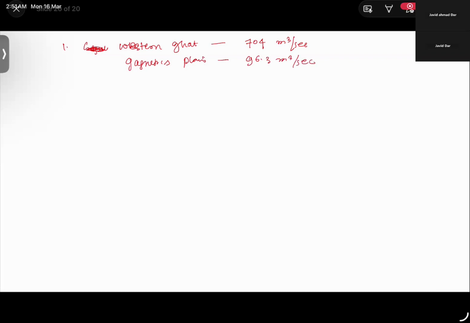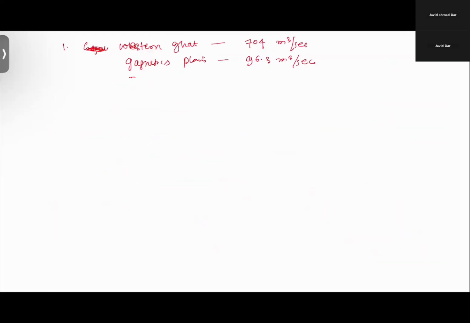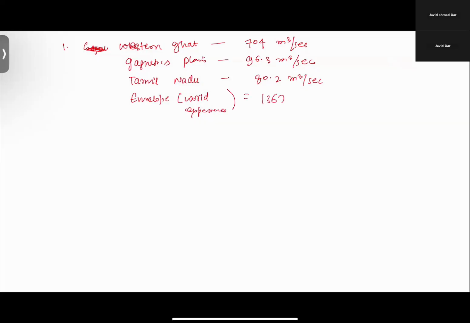Then we had Tamil Nadu, Kaveri, your value was 80.2 meter cube per second. Then you have the envelope or world flood experience, and your value was 1367 meter cube per second. If we rank them, this was the highest and this has the lowest value.